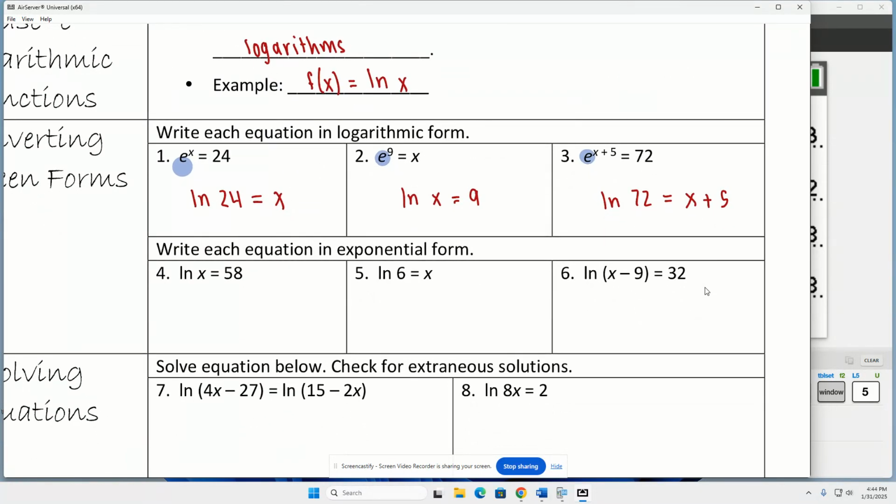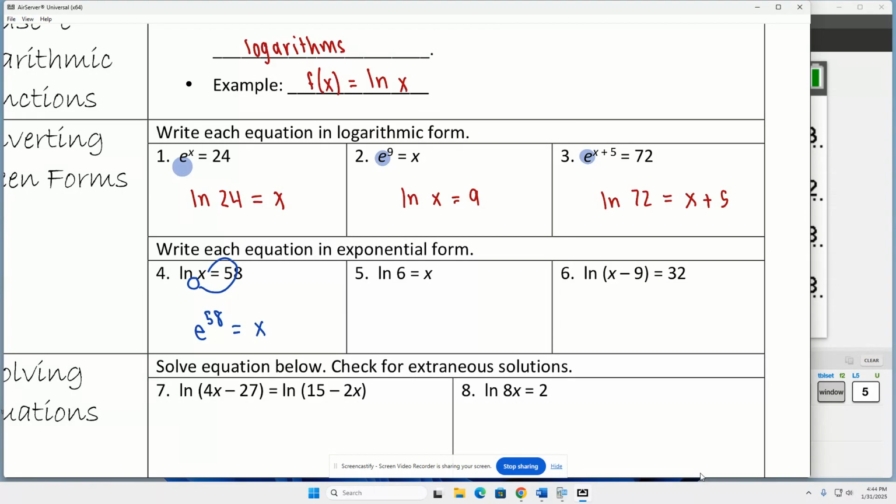So same here. We come across number 4, and all of a sudden it says natural log of x equals 58. Write it as an exponent. Well, remember, you're supposed to take the base of your logarithm, and it becomes the base of your exponent. Well, that's base e. And then you still do the loop. E to the 58th power equals x. That's how easy this is, y'all.